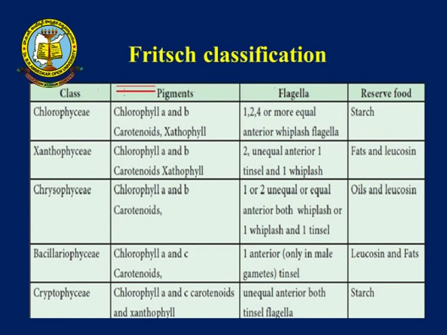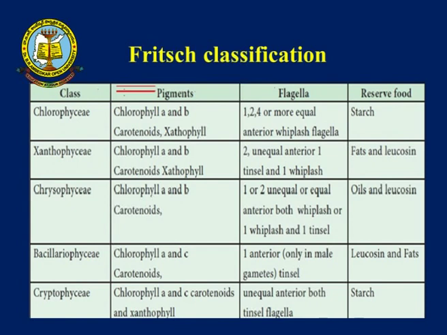In Xanthophyceae, chlorophyll A and chlorophyll B, but chlorophyll B is rarely found. Apart from that, chlorophyll E is also present in Xanthophyceae members, and carotenoids and xanthophylls are also present. In Chlorophyceae the flagella are equal, and in Xanthophyceae unequal flagella are present at the anterior side, of tinsel and whiplash type.